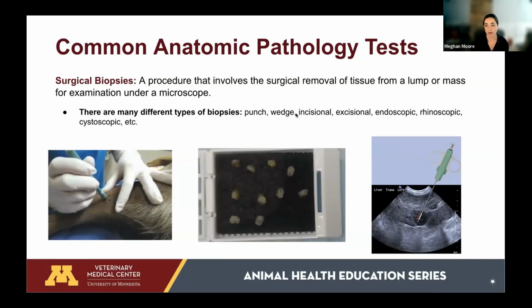As Dr. Heinrich alluded to, the positive of this is that it allows us to look at what the cells are doing within that tissue, and the tissue is intact in a way that, for example, if we're concerned about a cancer, we can see if the cells are invading and how far they are invading into that tissue.